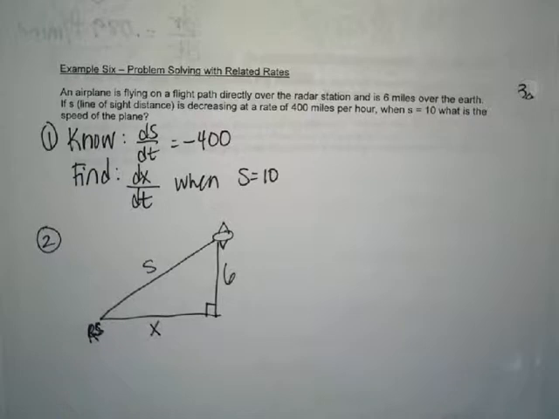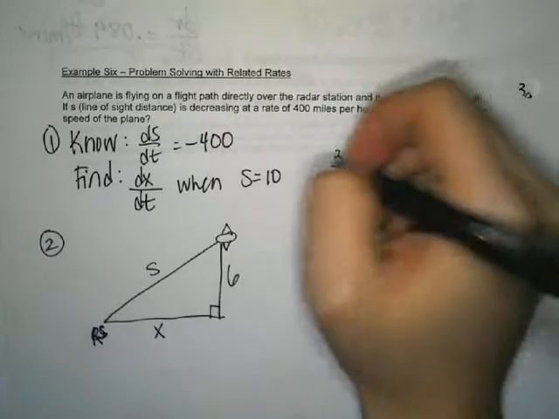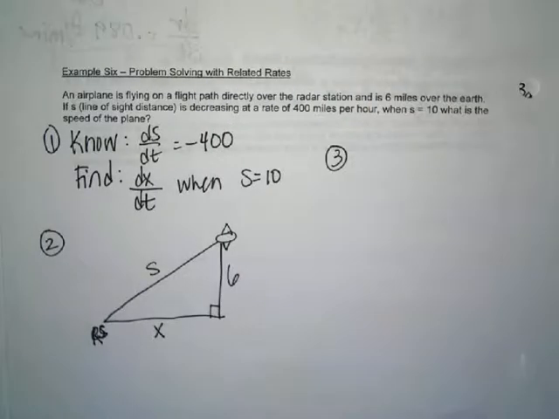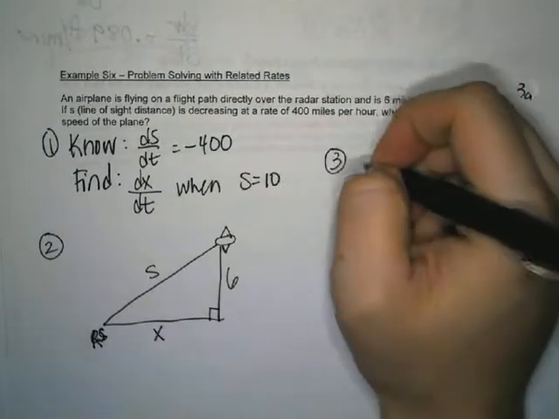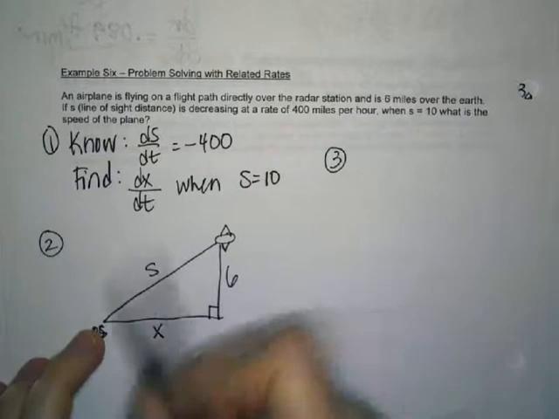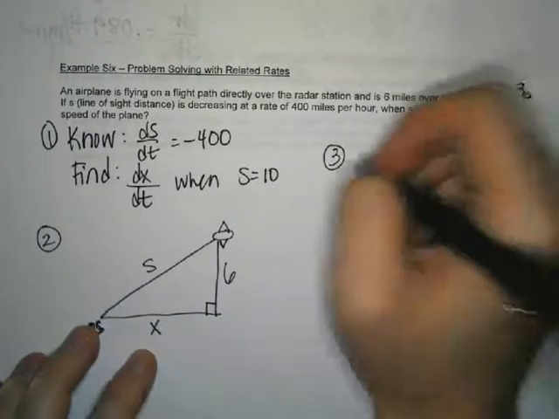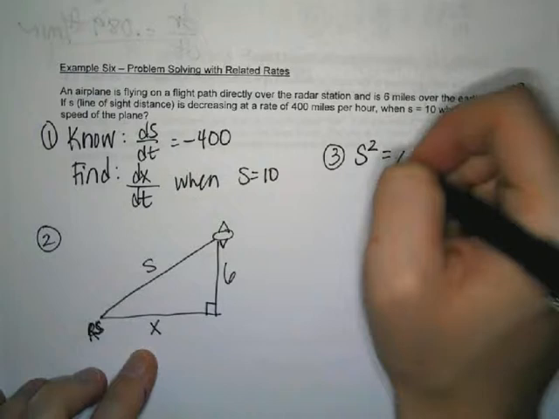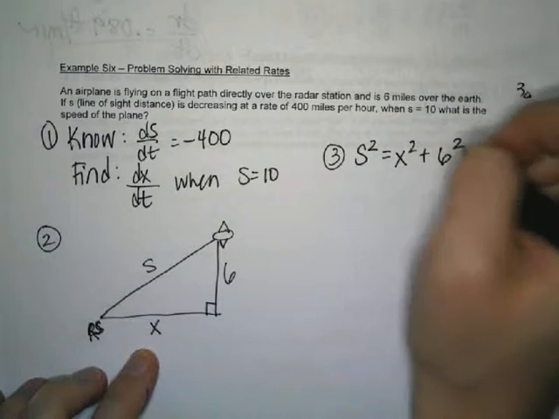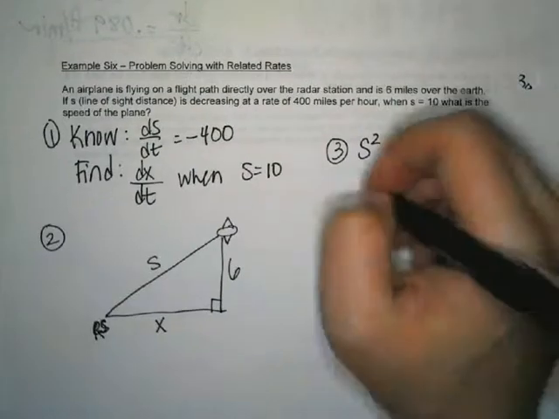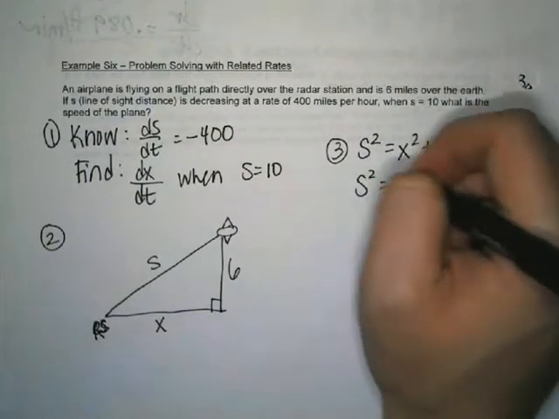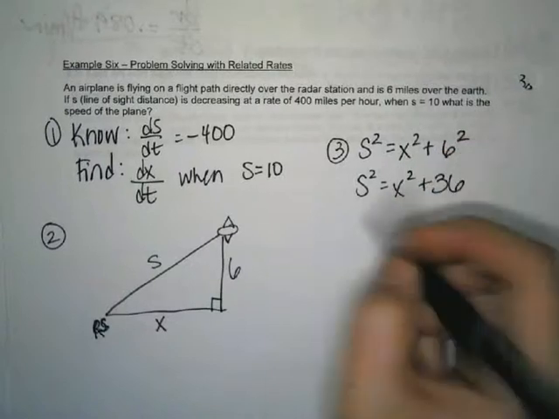So we have a triangle where we have all three sides. Pythagorean theorem is what we're going to use here. We're going to write the equation based off my picture: s squared is going to equal x squared plus 6 squared, and I'm going to simplify that to x squared plus 36.